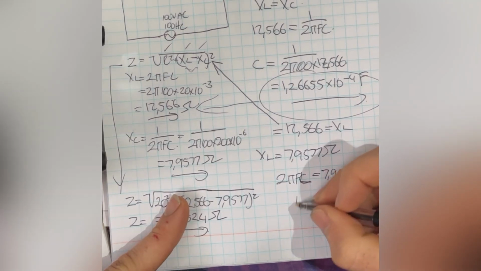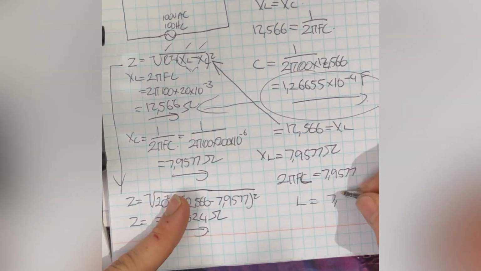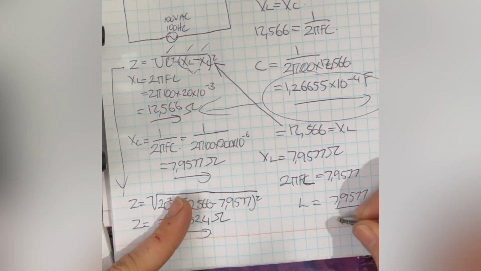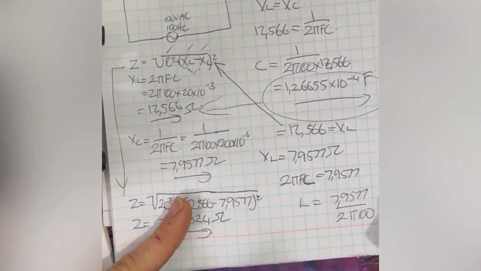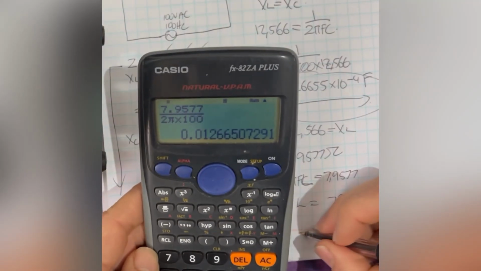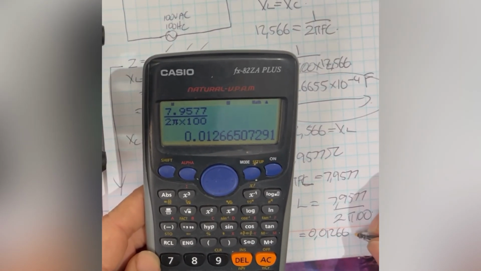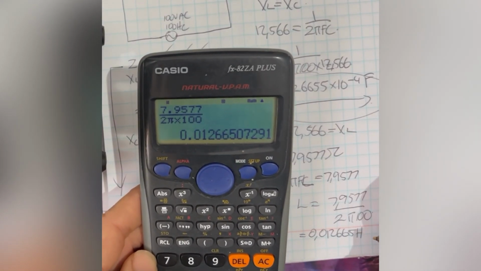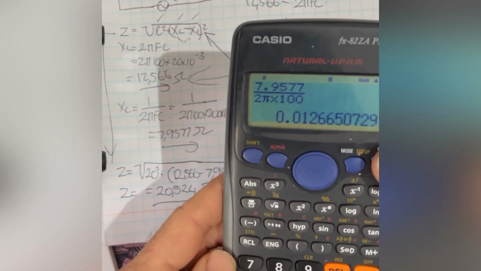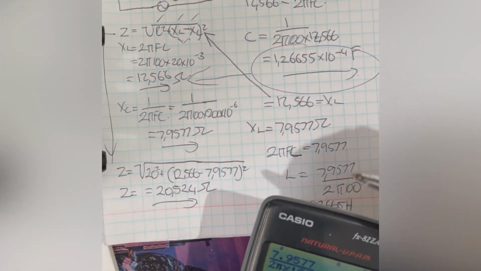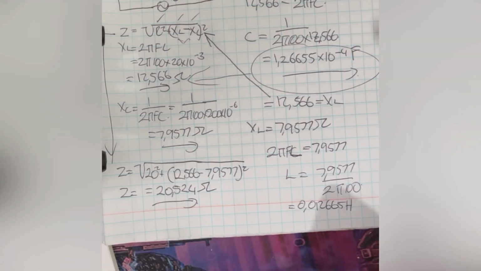We leave the L on this side and say 7.9577 divided by 2 pi 100, which is equal to 0.01266 Henry. If we test it in the formula for inductive reactance, it cancels out our capacitor reactance, which is 7.9, let's make it 8 ohms.